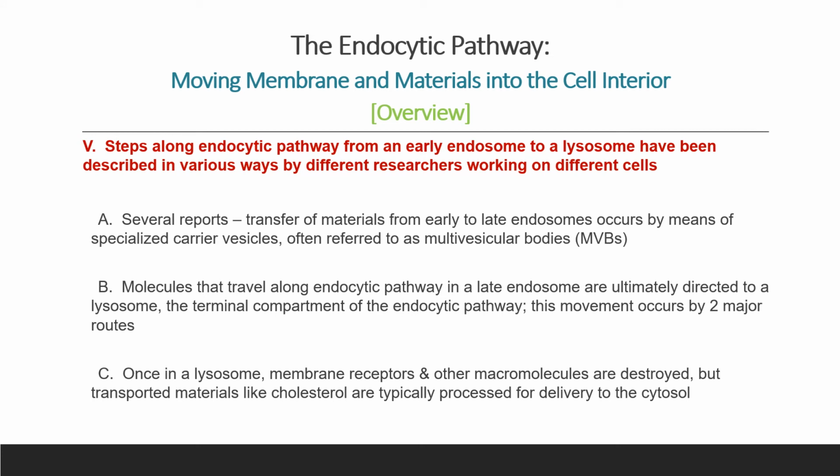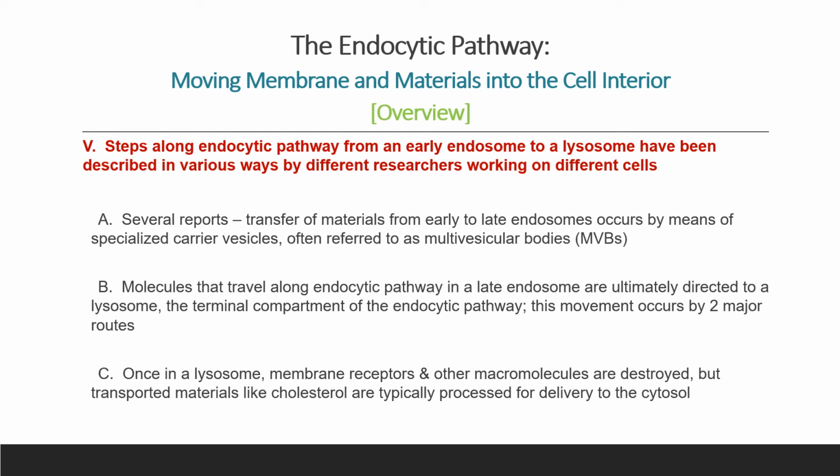Steps along the endocytic pathway from an early endosome to a lysosome have been described in various ways by different researchers working on different cells. Several reports say that the transfer of materials from early to late endosomes occurs by means of specialized carrier vesicles, often referred to as multivesicular bodies or MVBs. Molecules that travel along the endocytic pathway in the late endosome are ultimately directed to a lysosome, the terminal compartment of the endocytic pathway.